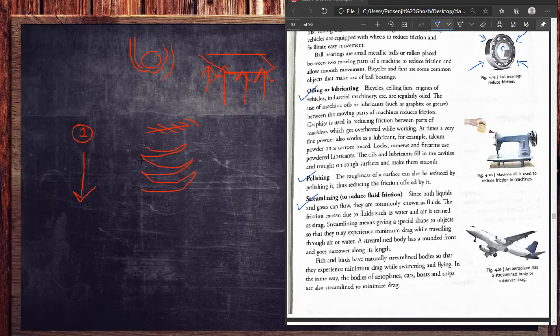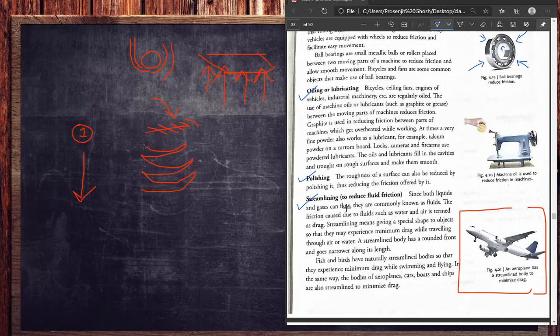To minimize this air drag for air vehicles, that is plane, jet plane, and also for the parachute, the parachute uses this kind of technique to float better. But we are talking about air vehicles, that is plane, jet plane, helicopter, and also racing bikes and cars, we use this kind of format as well.